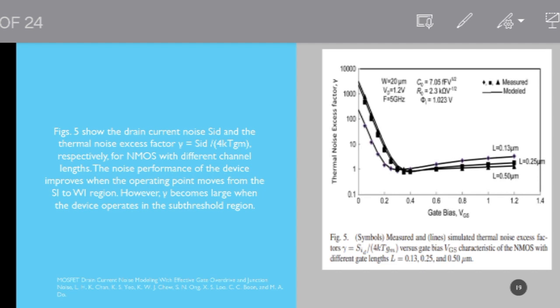The noise performance of device improves when the operating point moves from strong inversion to weak inversion region. However, thermal noise excess factor becomes large when device operates in the sub-threshold region.